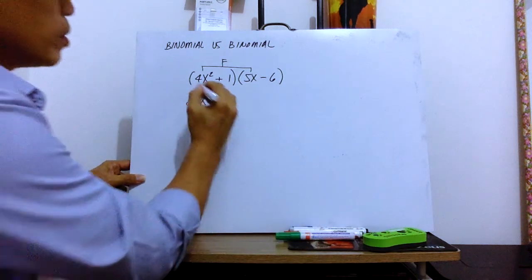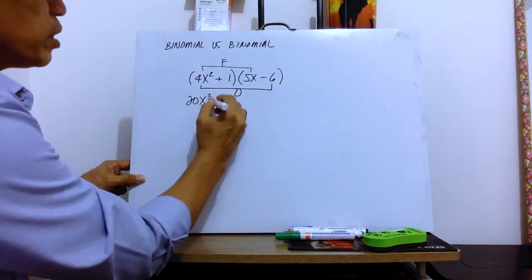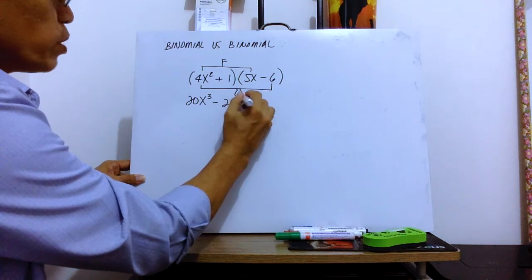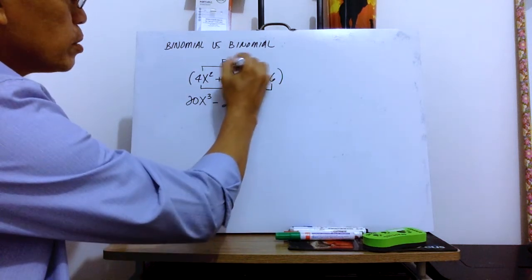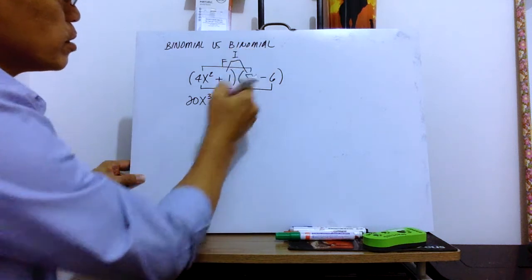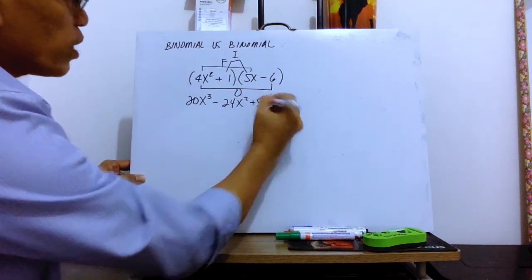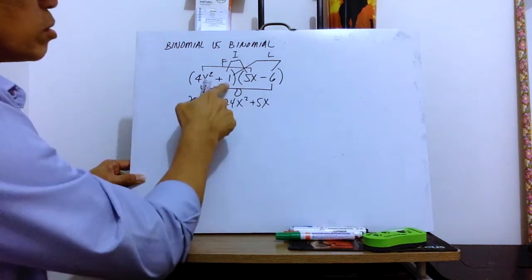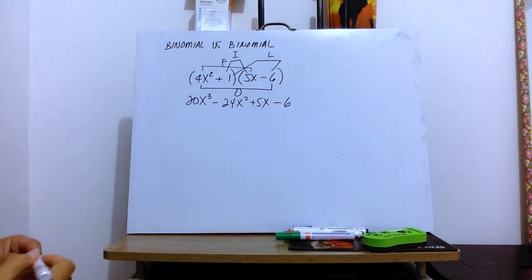Outer, 4 times negative 6, that's negative 24, and then just copy the x squared. Then the inner terms, 1 times 5x, that's plus 5x. And finally, our last terms, positive 1 and negative 6, that gives us negative 6.